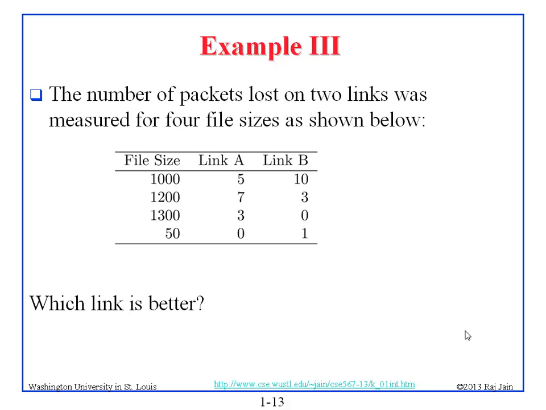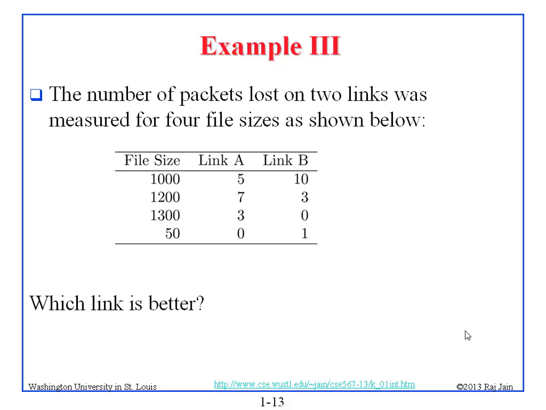So here is the example. The number of packets lost on 2 links was measured for 4 file sizes. So we took a file of size 1000, and let's call it 1000 megabyte. Nowadays, in my days it used to be kilobyte, now it is 1000 megabyte. Or actually, it already says packets.